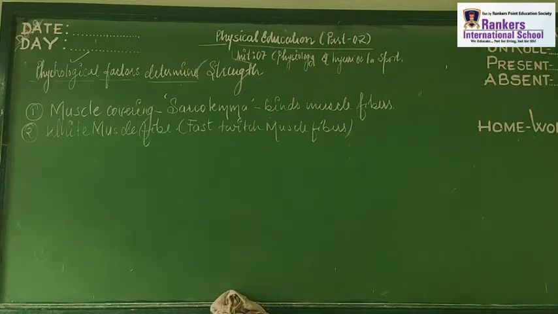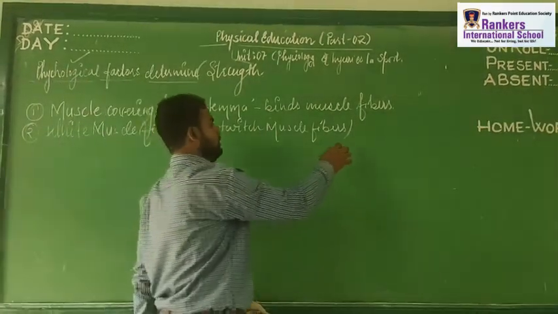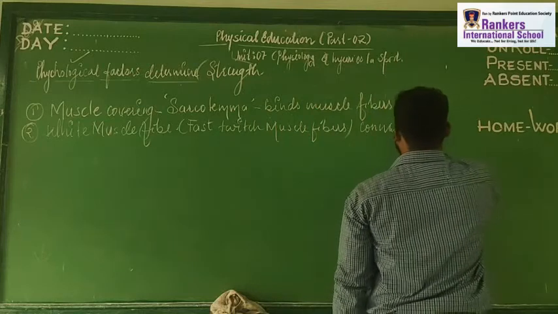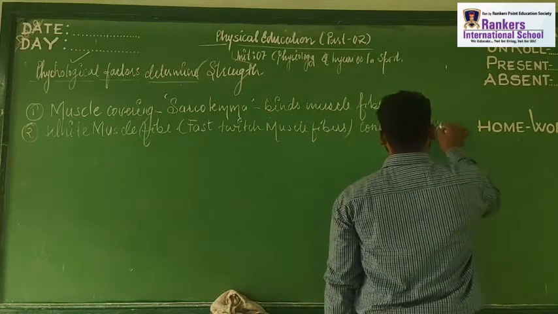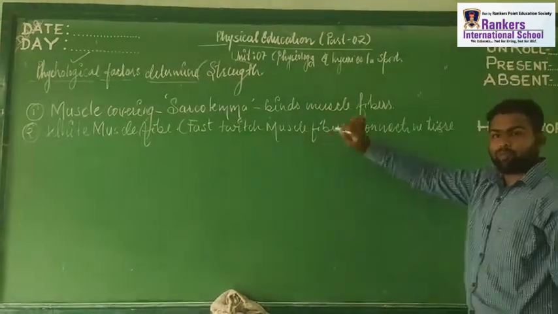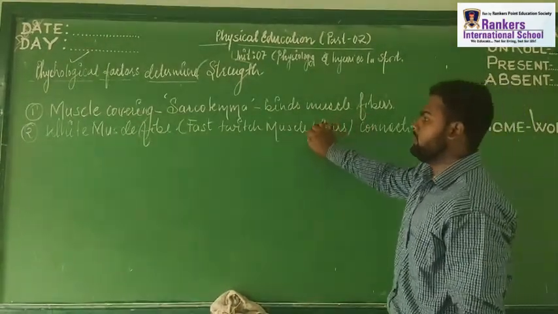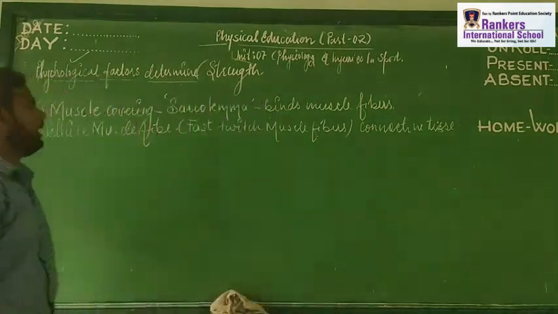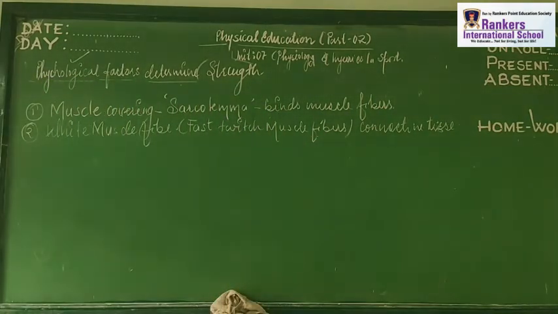So in the exam, if they ask what should be in your body to increase explosive strength, the answer is more fast twitch muscle fiber. Your body should have more fast twitch muscle fiber.